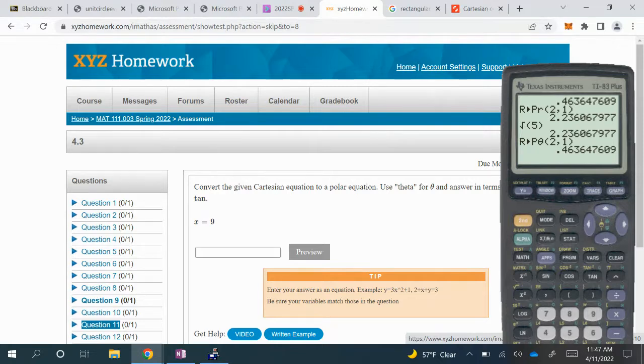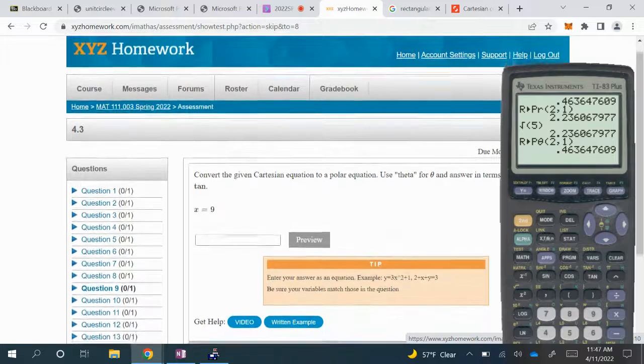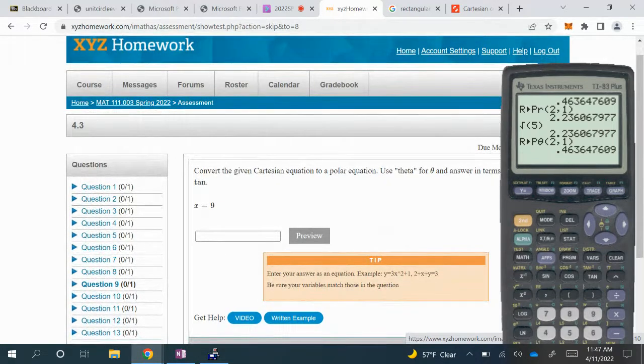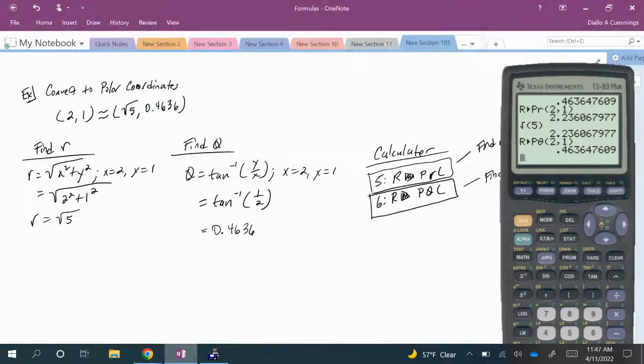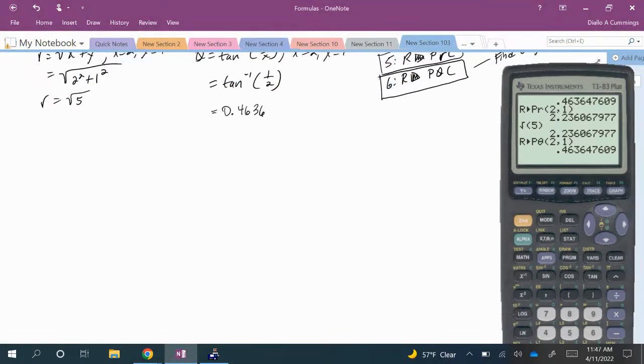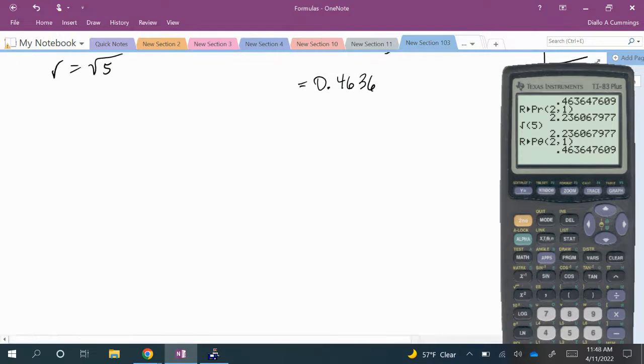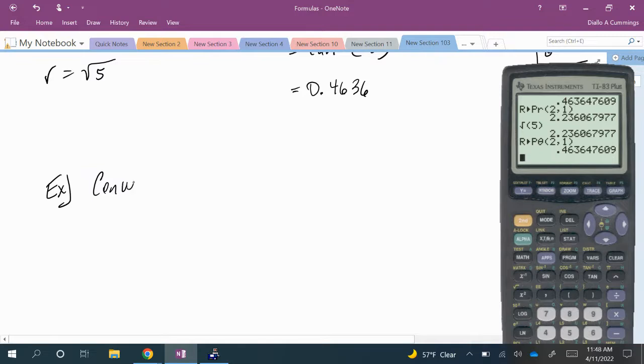So here we're given a rectangular equation, x is equal to 9. We want to convert that to a polar equation. So I'm going to go back to OneNote. We have x is equal to 9.